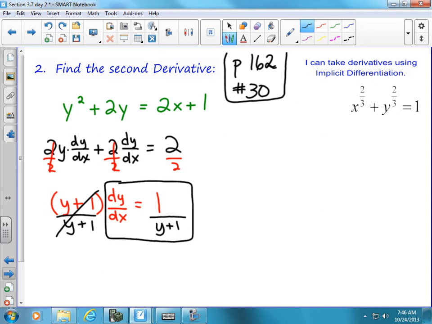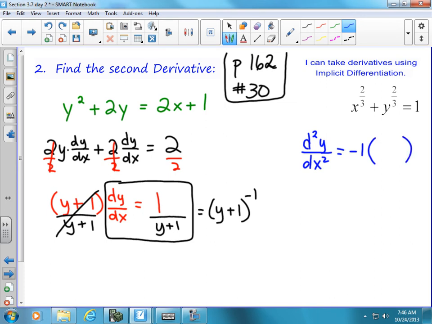Okay, second derivative. I'm actually going to rewrite this as y plus 1 to the negative 1, so it's easier for me to take the second derivative. All right, so remember we use notation for the second derivative, d squared y over dx squared. It's not really squared, it's the second derivative notation. So to take the second derivative, I'm going to take negative 1.